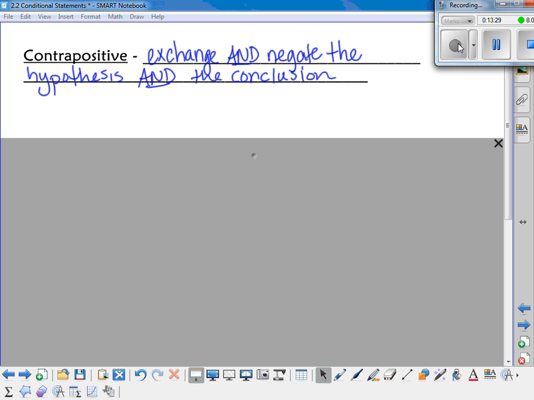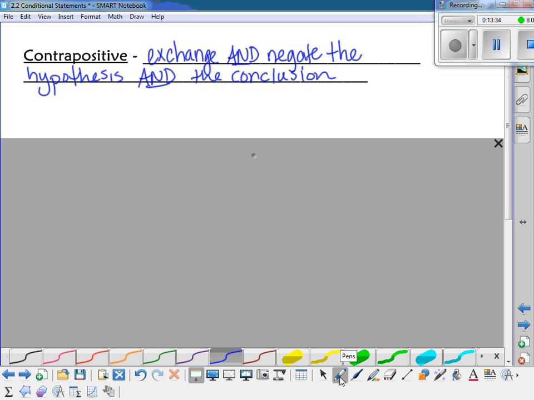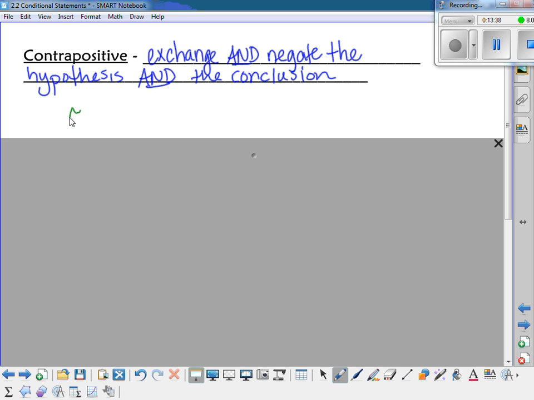So we exchange and negate the hypothesis and the conclusion. The way that we would write that is if not Q, then not P.